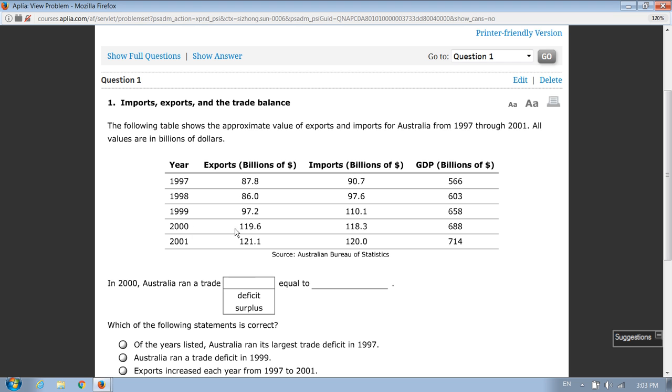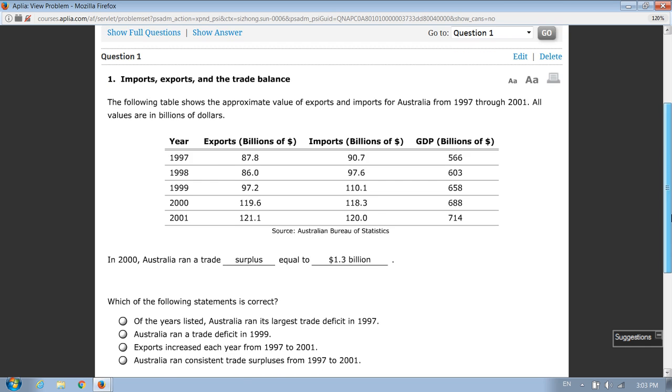In year 2000, export is 119.6, import is 118.3. So the value of export is bigger than the value of import. So we have a trade surplus of 119.6 minus 118.3, 1.3 billion.